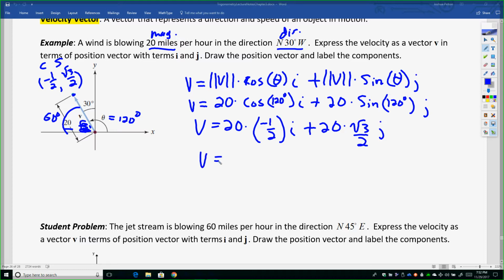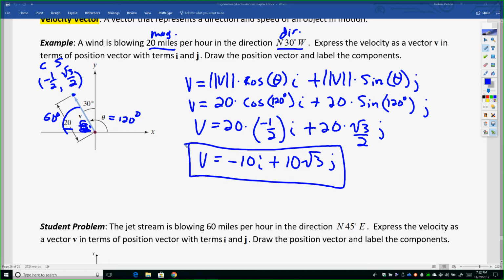So the velocity equals negative 10i plus 10 root 3 j. There is our vector. So whether you're given two locations or a magnitude and direction, you can find the vector equation either way, using either the formula from this section or the formula from the previous section. Okay, pause the video, try the student problem.